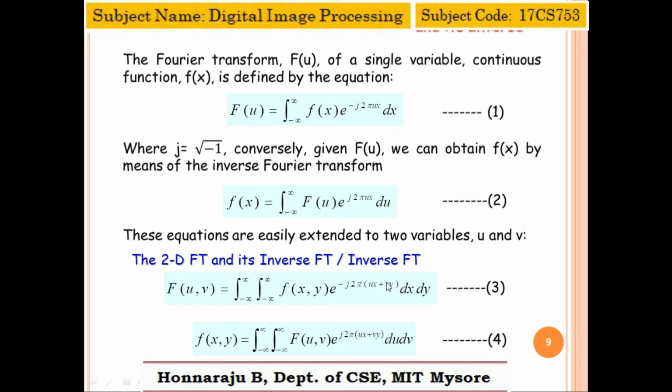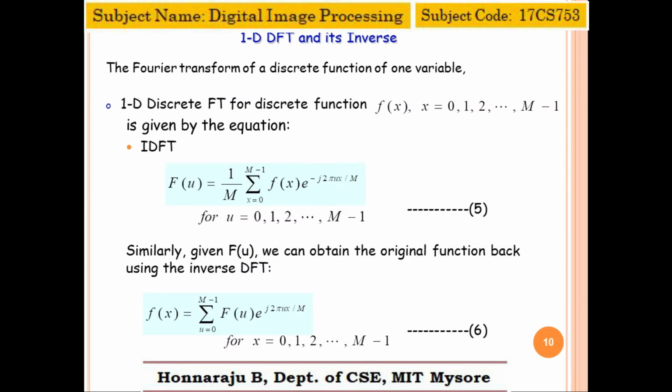Similarly, for the inverse transformation, f of x comma y is equal to the integral from minus infinity to infinity of F of u comma v into e to the power of j 2 pi (ux plus vy) du dv. Okay, this is the Fourier transform with one variable and two variables, in continuous form.